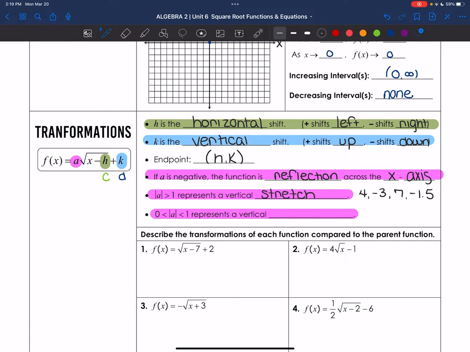Whereas if the absolute value of a is between 0 and 1, take, for example, 1/2 or -1/3 or 0.25, any of those values represent values of a that will cause a vertical compression.